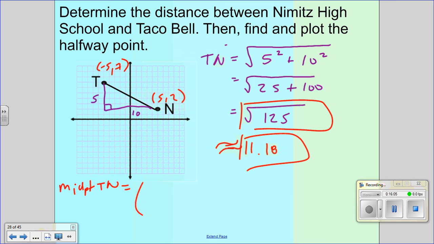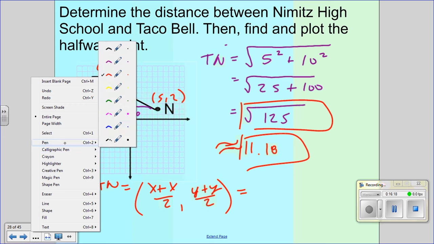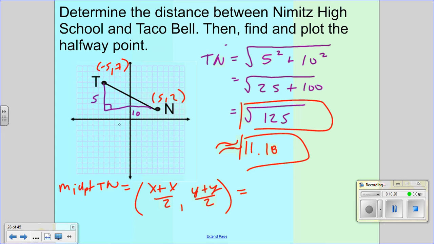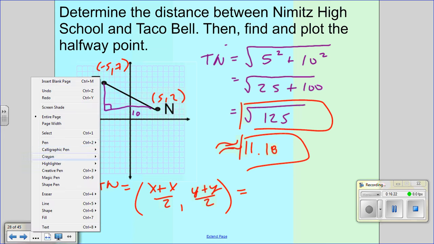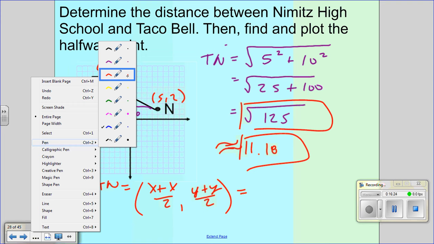So again, it's x plus x divided by 2, y plus y divided by 2. And, well, I kind of made it a little simpler when I wrote the formula because I didn't do my x1s and so on and so forth because those don't really matter.